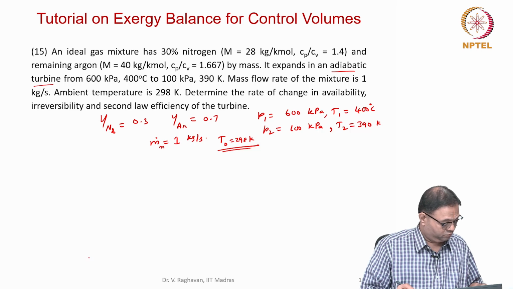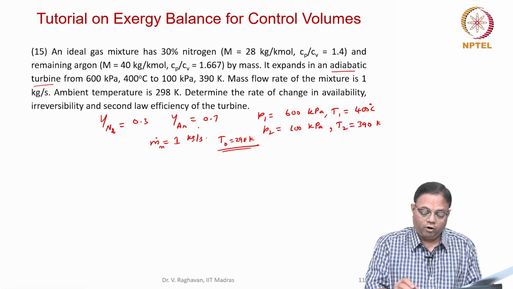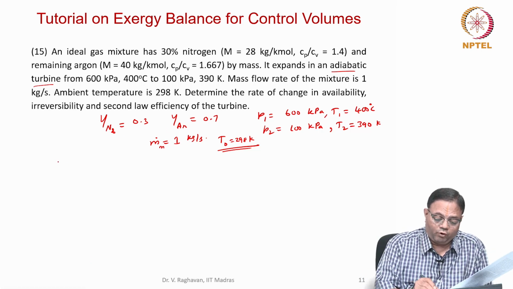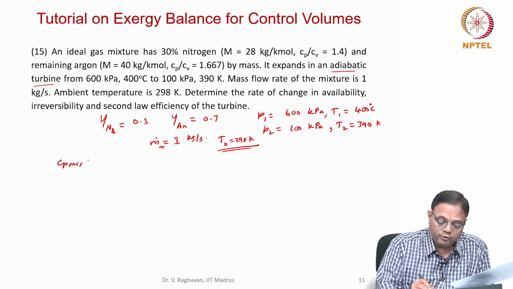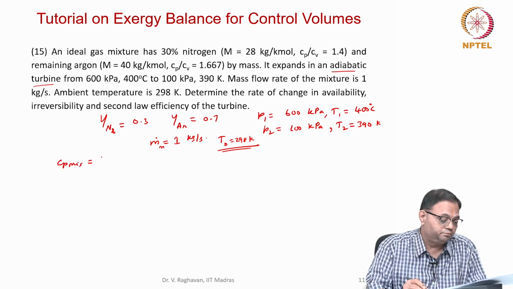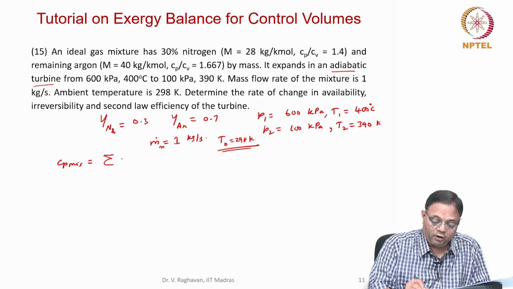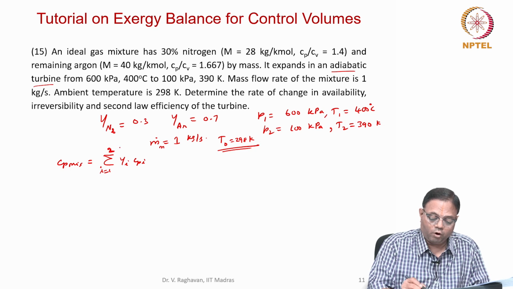15th problem. So now I got this mass fraction, so I can find the Cp mix. Cp mix is nothing but sigma yi Cpi, i equal to 1 to 2 components.